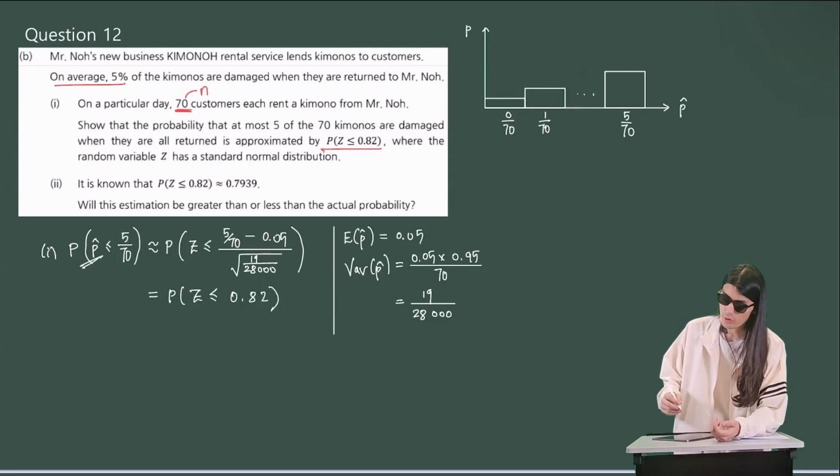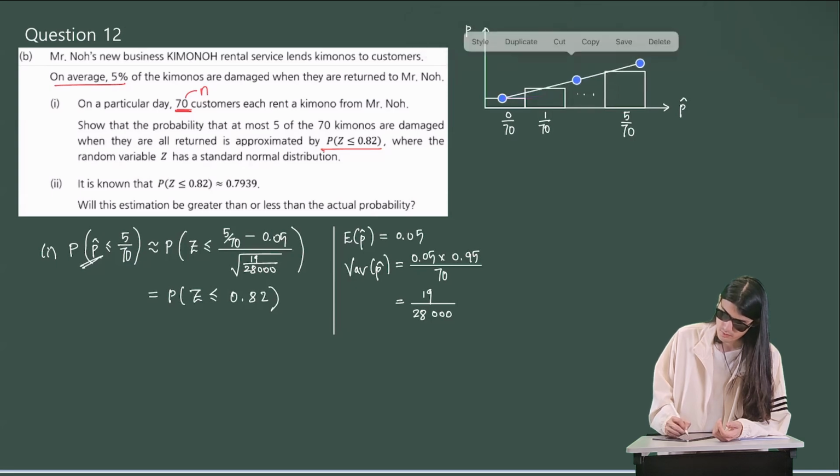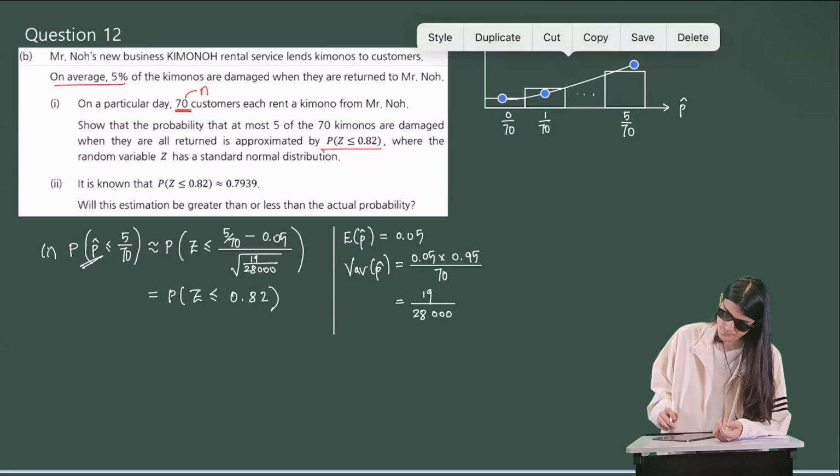But what do you do? You approximate that with a normal distribution that should have this kind of shape, shouldn't it?